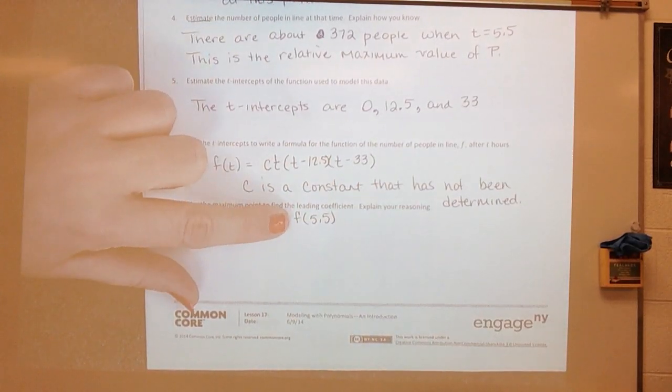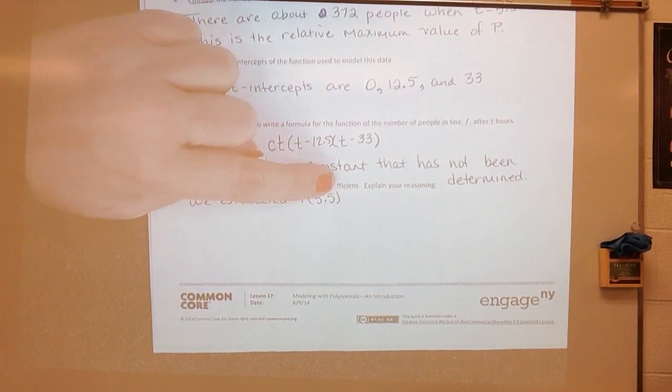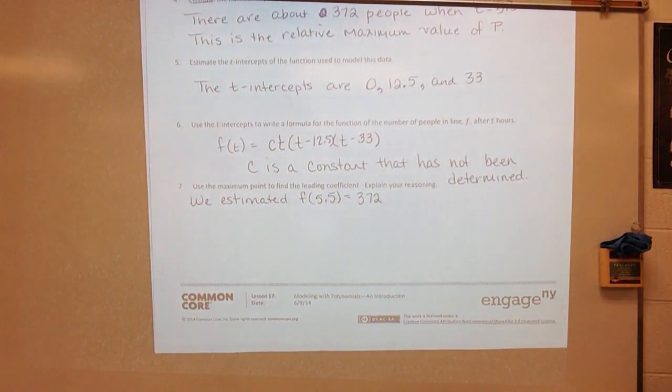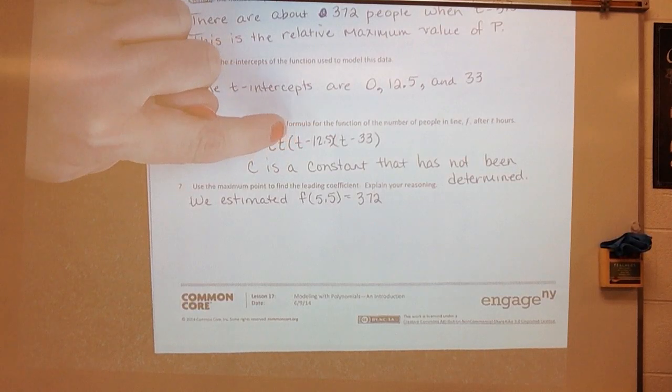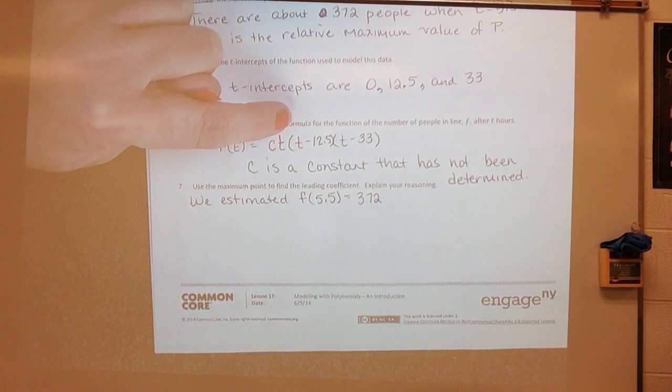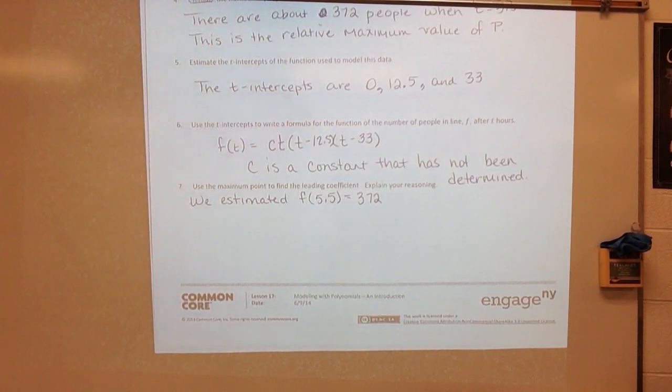So we said with our function, when our hours were 5 and a half, we should get around 372. So we can plug 5 and a half in to our function and find an answer. Okay?